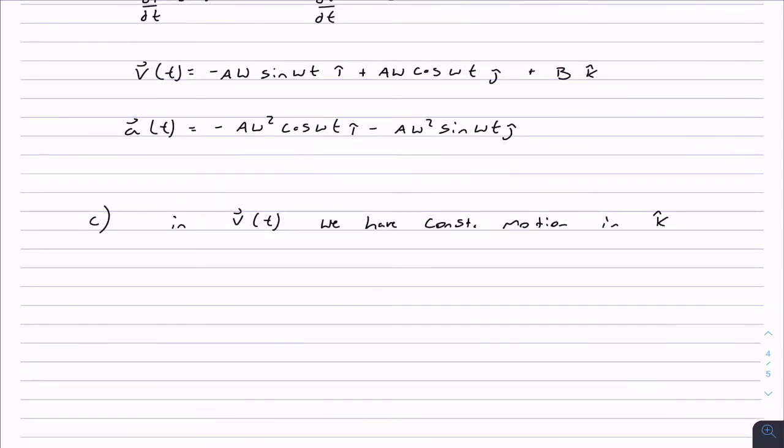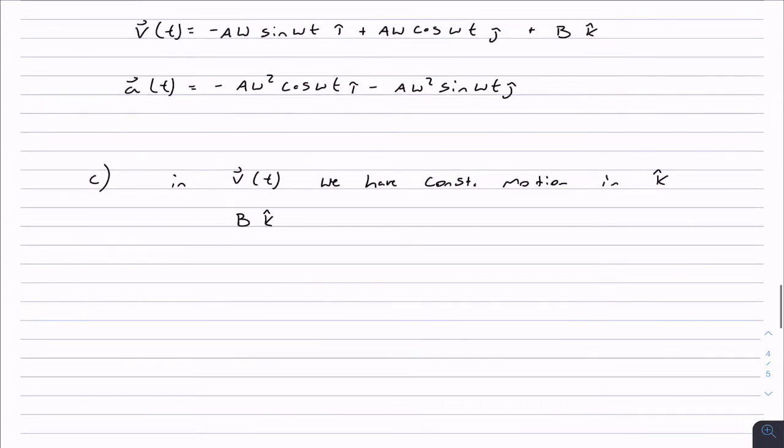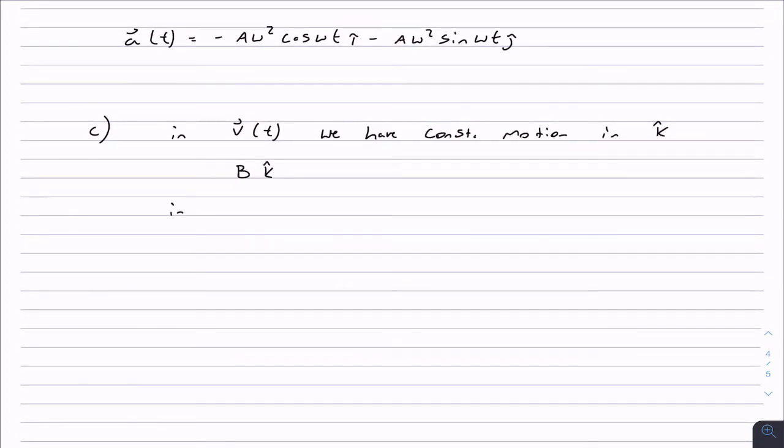The value is B k hat. It's just going to keep going up and up and up. And for acceleration, we have 0. We have no acceleration in k hat.